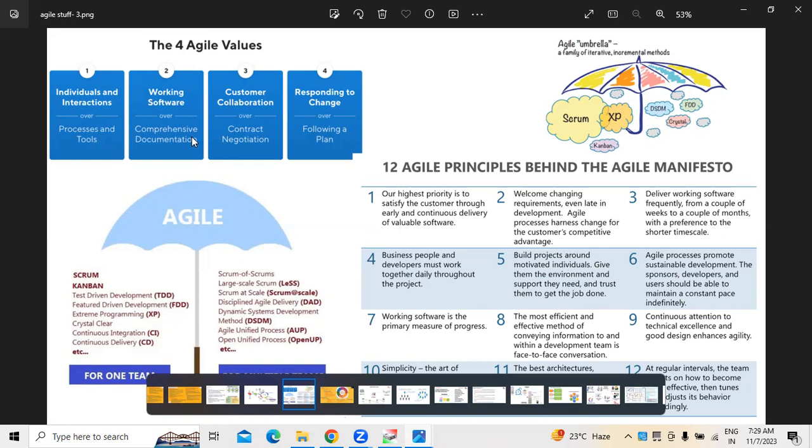So this is the second one. Individuals and interaction is the highest priority, and after that we give more importance to comprehensive documentation. This is point number two.